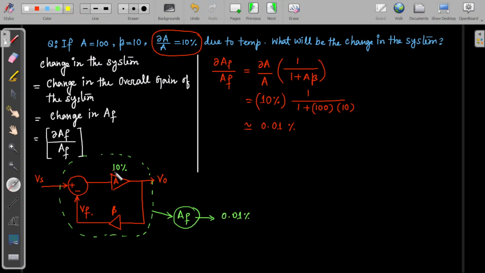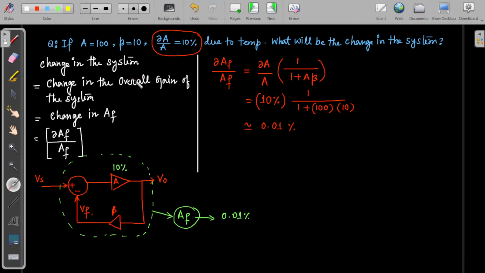So basic gain is changing 10%, but the total gain will be changed by 0.01%. That will be the advantage of the feedback amplifier. So we have understood the feedback amplifier advantage also through this numerical.